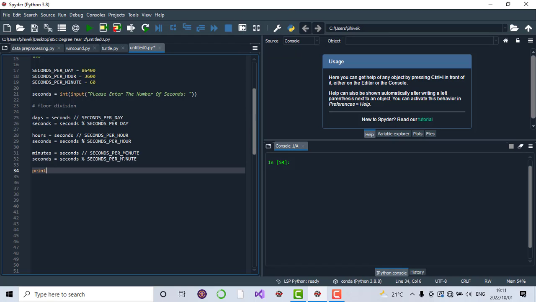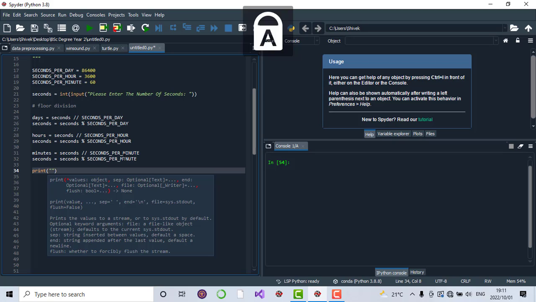And finally, we may proceed to print a message. Let's say your seconds are equivalent to, and here, yeah, we can provide a nice message to the user. Let's say days.